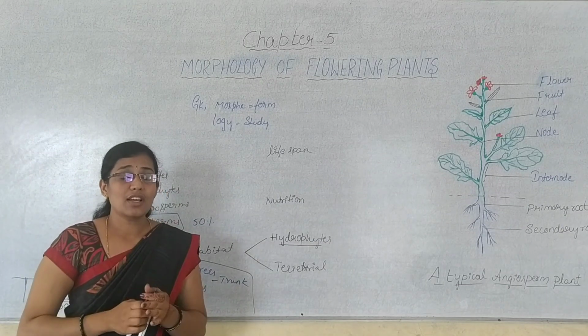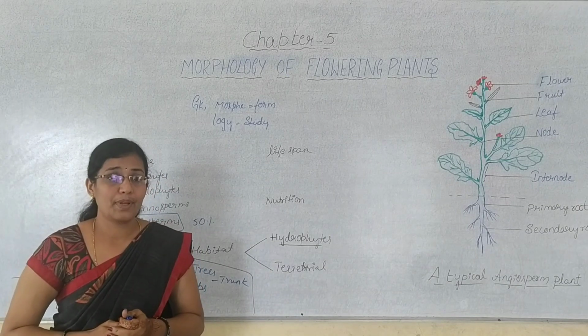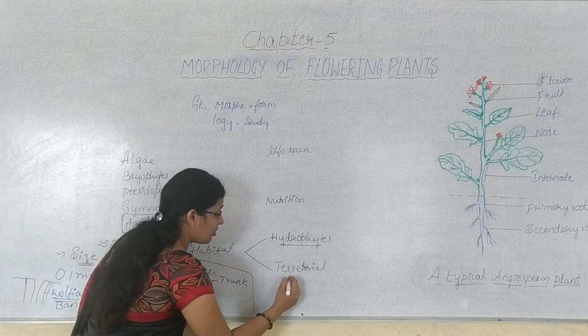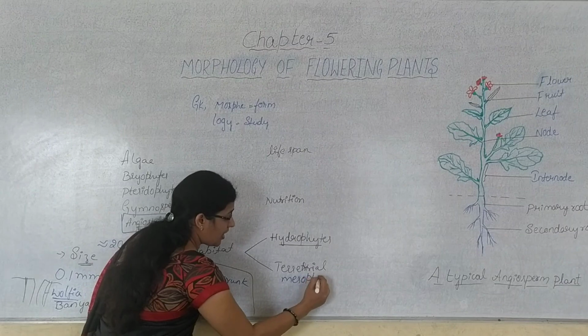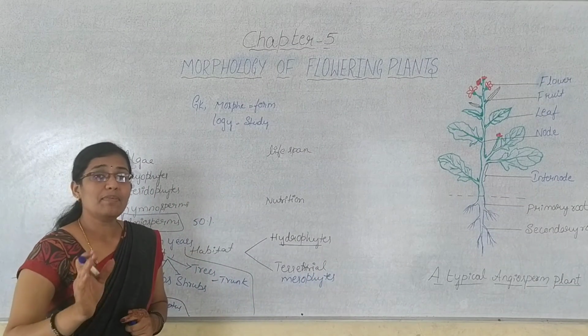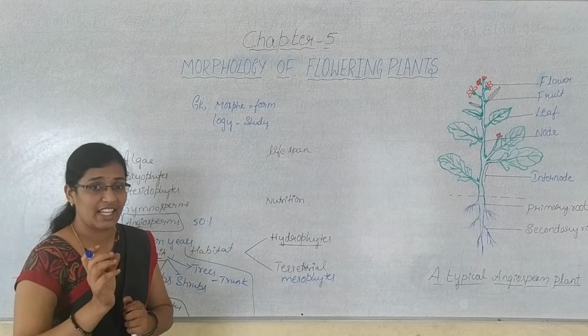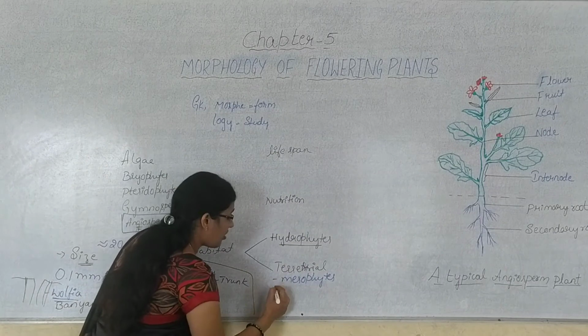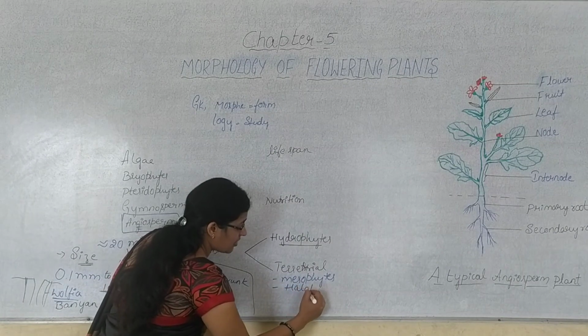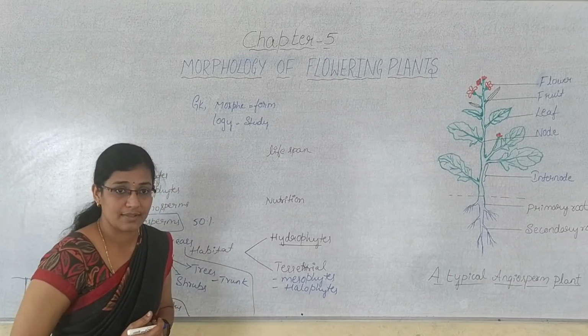And if the plants are growing in the moderate conditions, then that type of plants are called as mesophytes. What do we call for them? They are called as mesophytes. If the plants are growing in salty areas, salty regions, so those are called as halophytes. What do we call for them? They are called as halophytes.